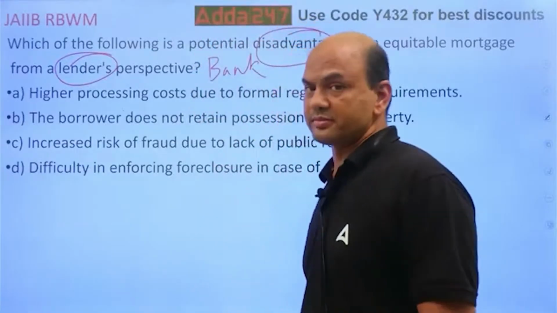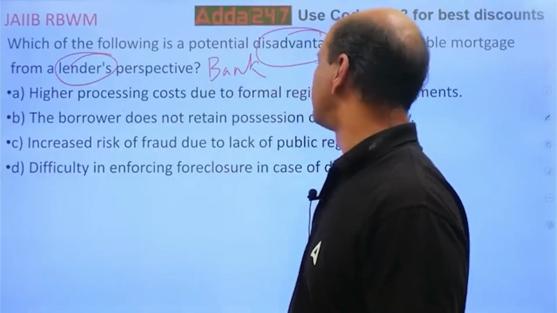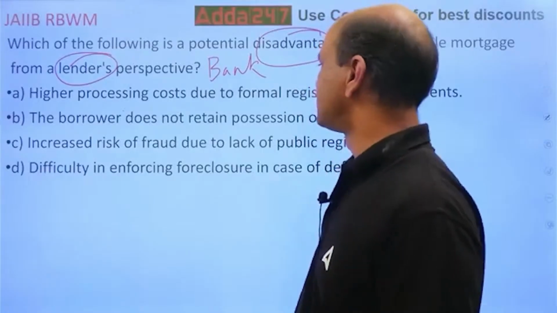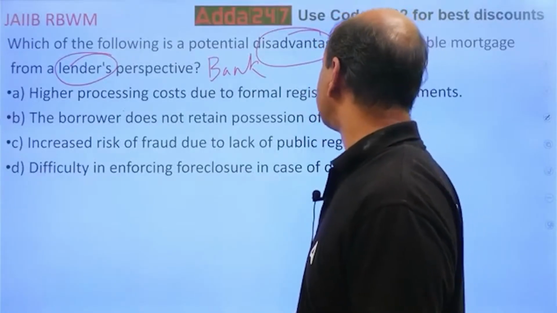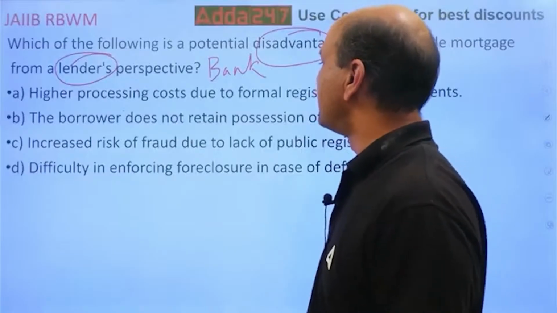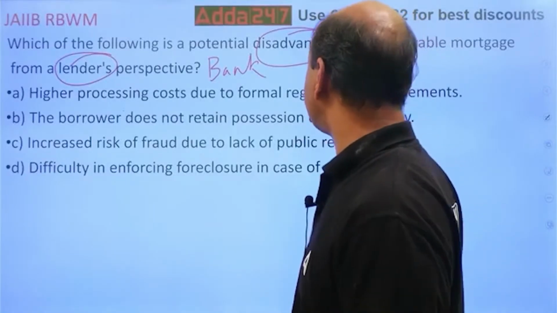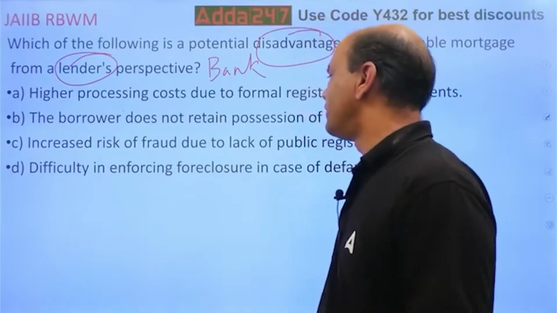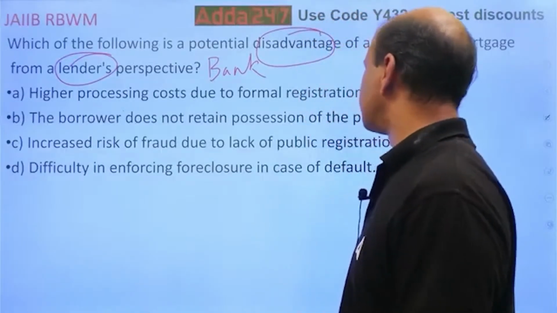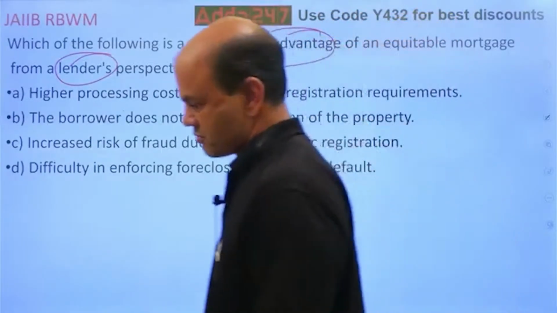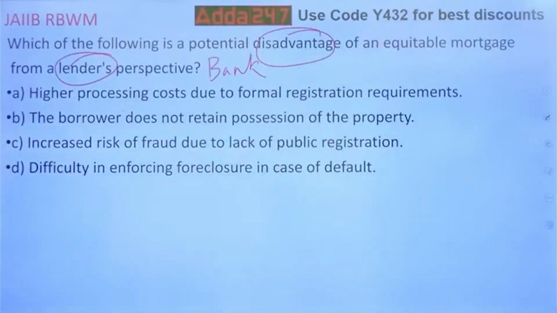Potential disadvantage: high processing cost due to formal registration requirements; the borrower does not retain the possession of the property; increased risk of fraud due to lack of public registration; difficulty in enforcing foreclosure in case of default. Think. Which one is a disadvantage?